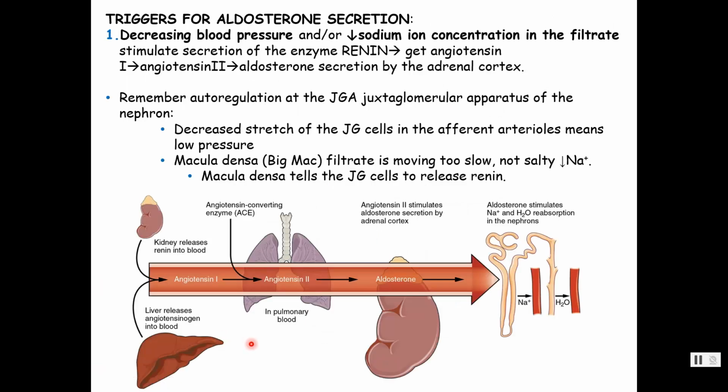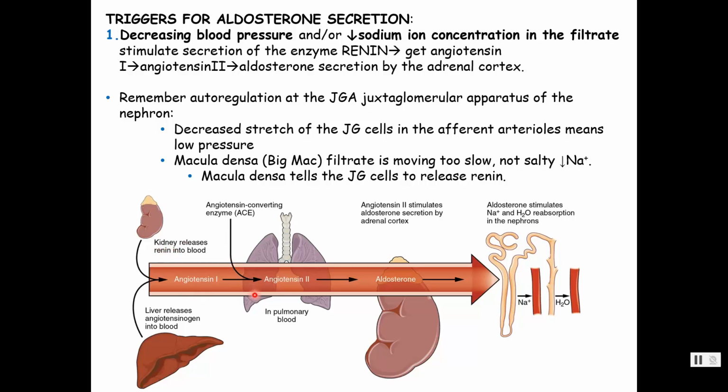Okay, so we know that aldosterone directly controls sodium reabsorption. And so triggers, this is all review. We know when we have decreasing blood pressure and/or low sodium ion concentration in the filtrate of the kidneys, we're going to get that release of renin from the kidneys. Renin is going to stimulate angiotensinogen to be converted to angiotensin 1.